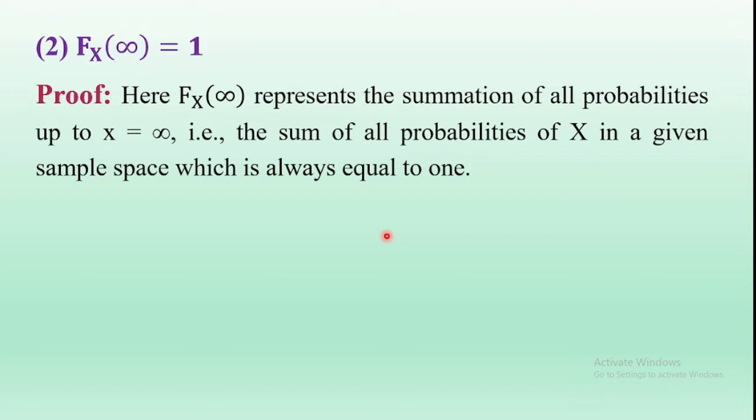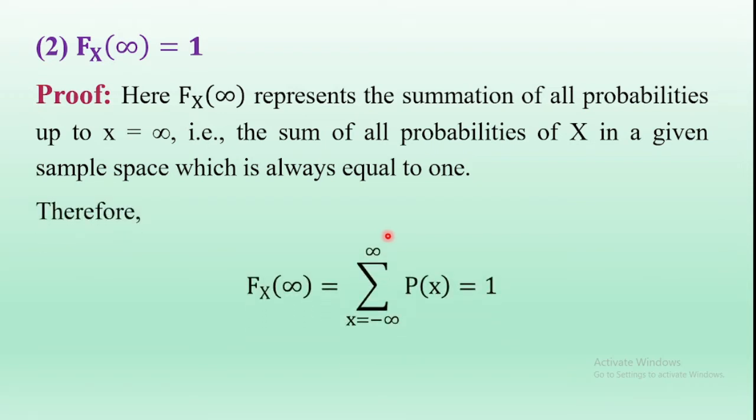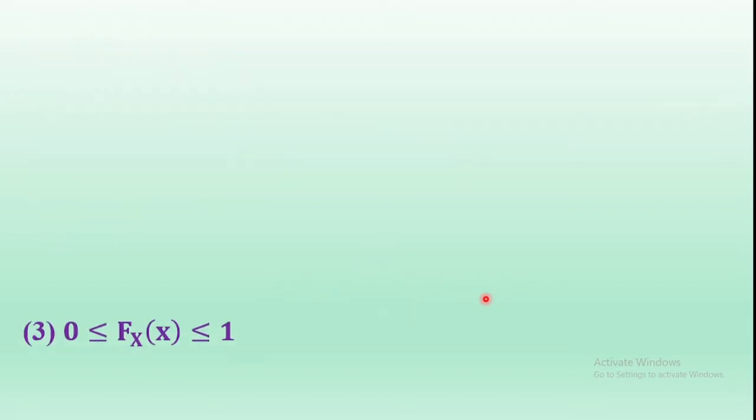So F_X(+∞) is the sum over x from minus infinity to infinity of P(x), and the sum of all the probability values is equal to 1. This is the second property.